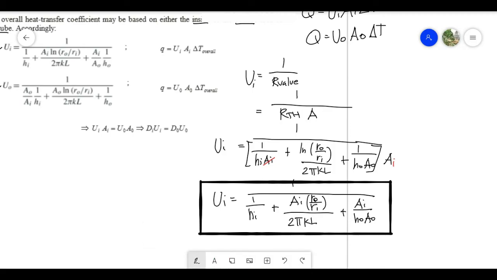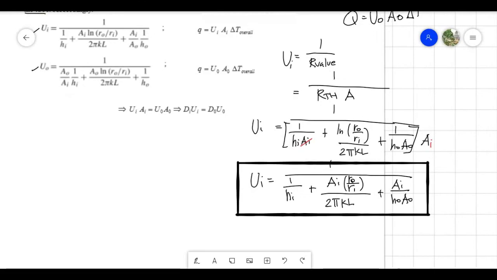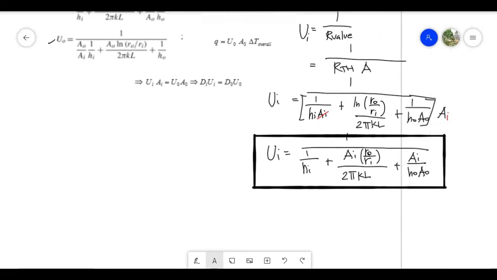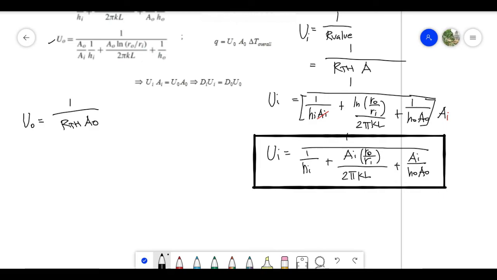So, pagdating naman sa overall heat transfer coefficient based on the outside, sabihin natin gusto natin is based on the outside. Of course, ganon ulit ang process. Galing siya sa R value. Alam na natin, R value is R thermal resistance total times area, and of course based on outside tayo, so outside din yung area natin.